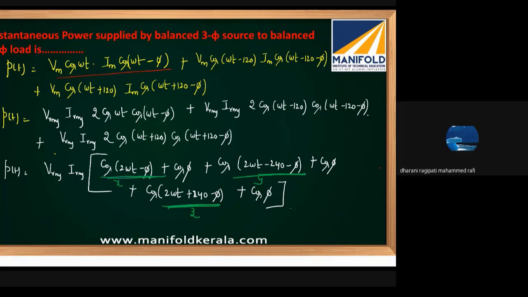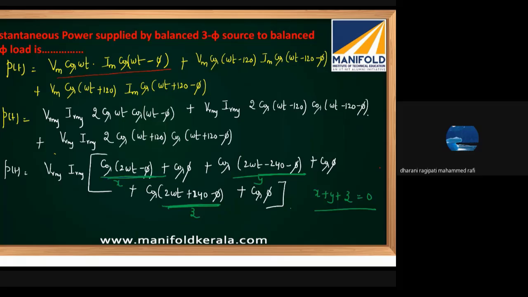For any value of omega t and phi, the sum of these three will become 0. That is, x plus y plus z will be 0 for any value of omega t and phi. You put in any values randomly, the sum would become 0.